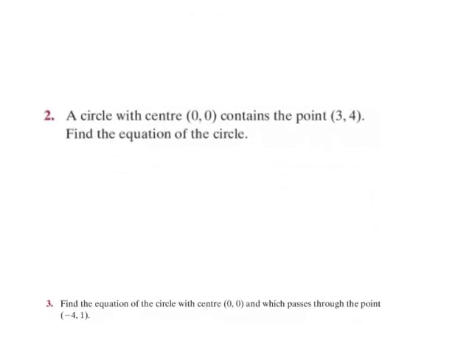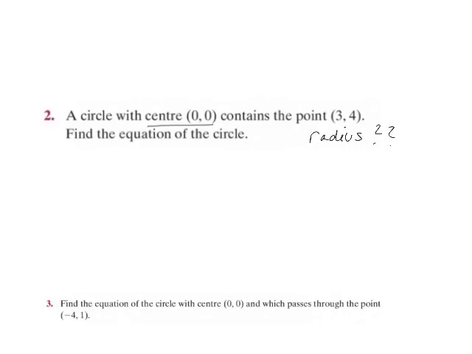Okay, so here we are given the center 0, 0, and we are told it contains the point 3, 4. So remember, in order to get the equation of a circle, we need the center, which we have. What we don't have is the radius.